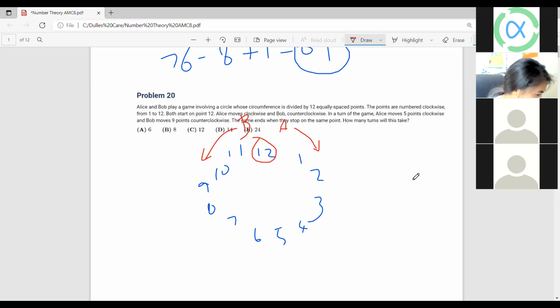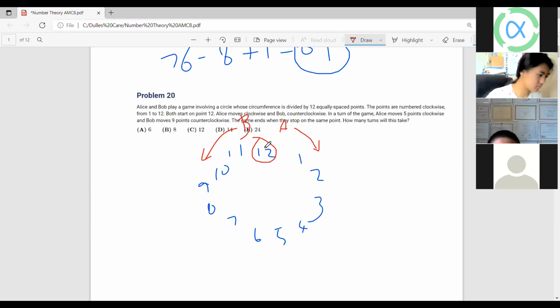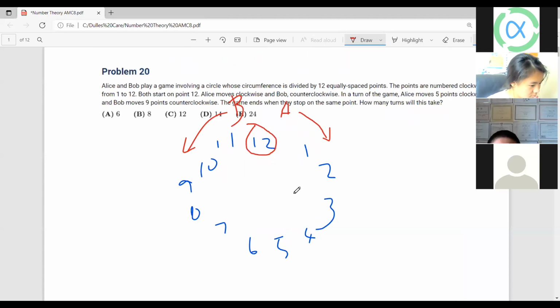All right, let's first do an experimental run of this. They both start at 12. It's kind of like mods. But let's first just do an example turn. If Alice moves 5 points clockwise, she goes 12 to 1, 1 to 2, 2 to 3, 3 to 4, and 4 to 5, and she ends up on 5.